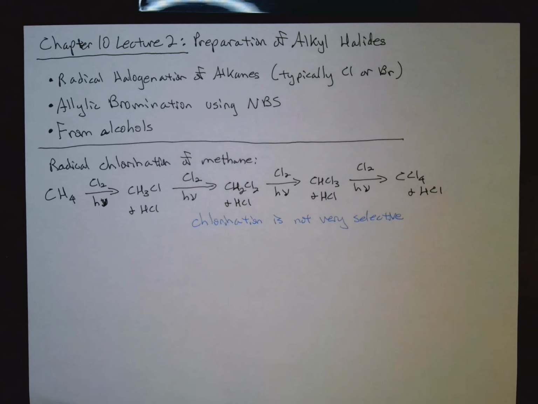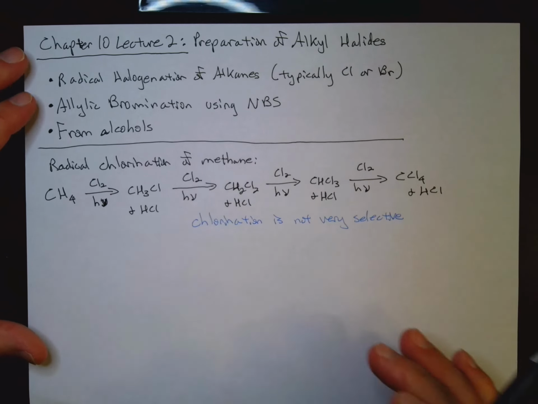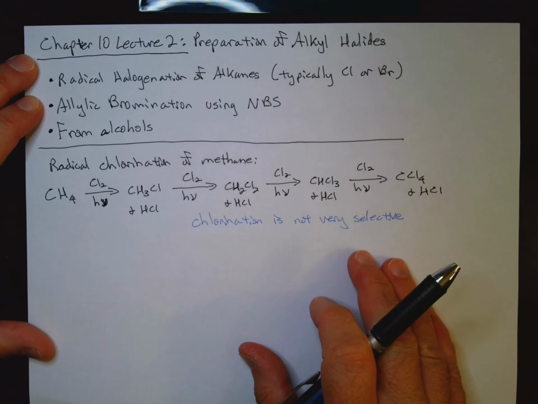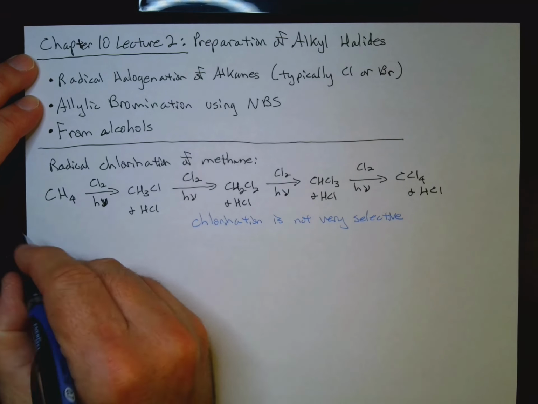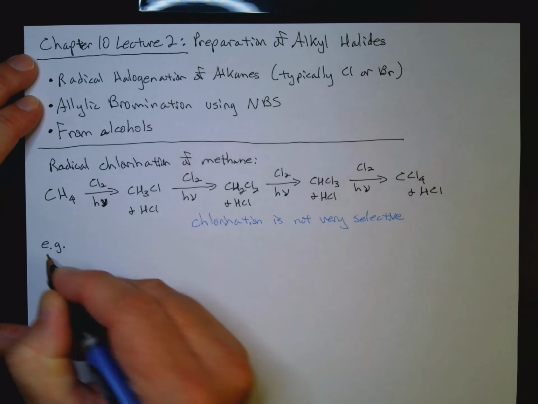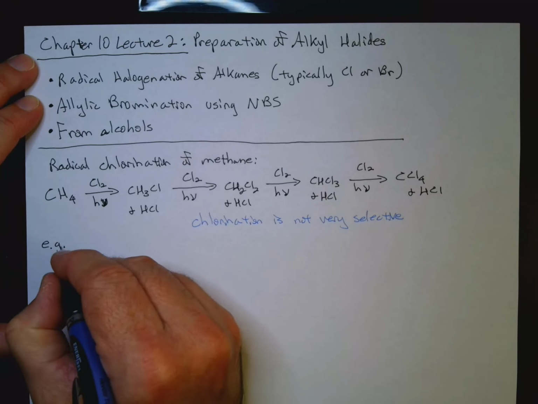I can't remember if it's in the text itself or in one of the end of chapter problems. But the take-home message is that chlorination is not very selective. So we could look at, for example, the chlorination of propane.